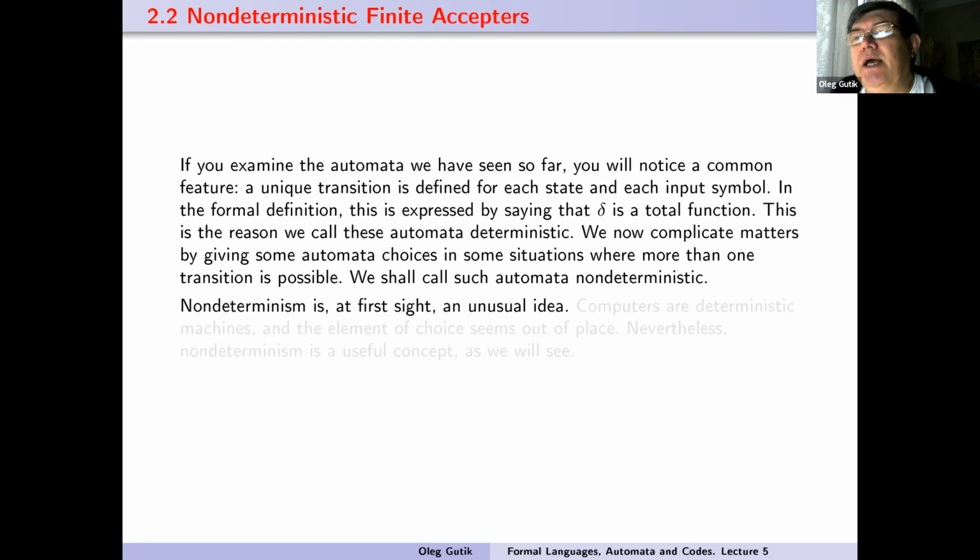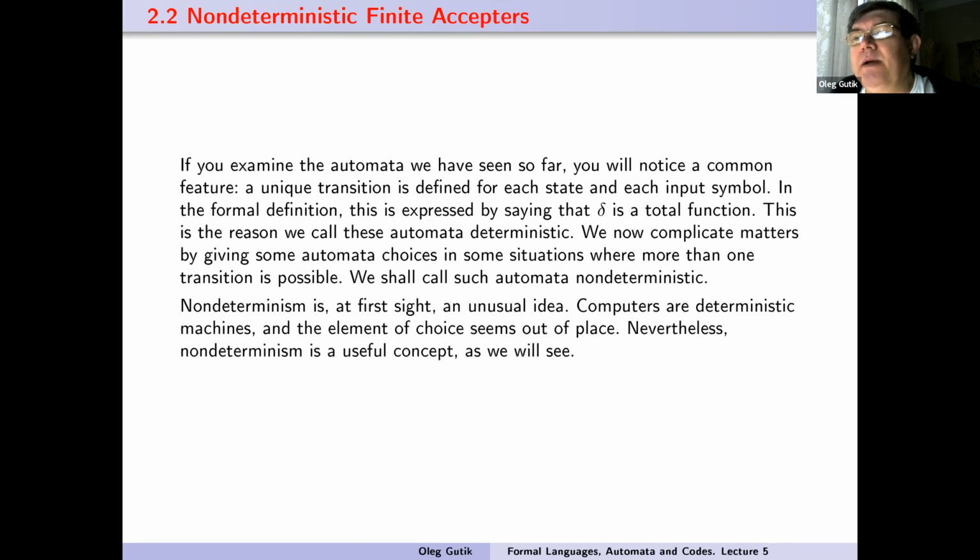Non-determinism is at first sight an unusual idea. Computers are deterministic machines, and the element of choice seems out of place. Nevertheless, non-determinism is a useful concept, as we shall see.